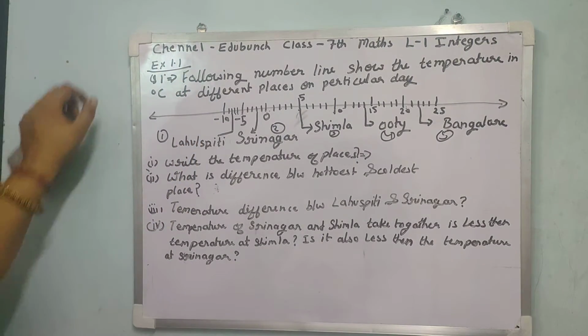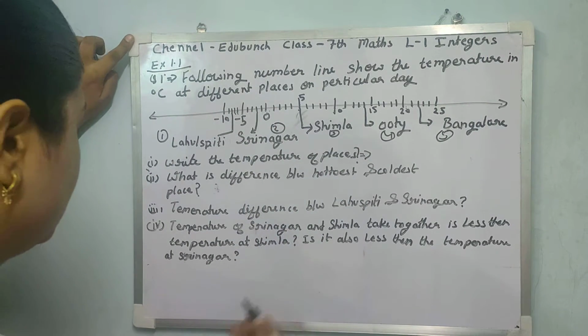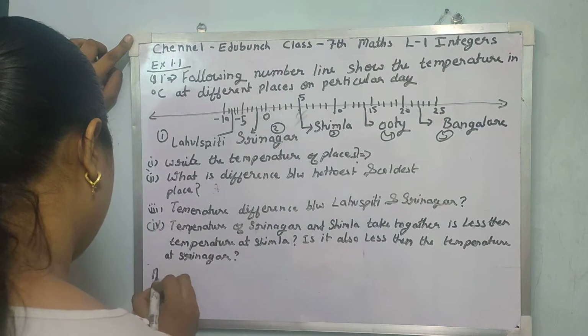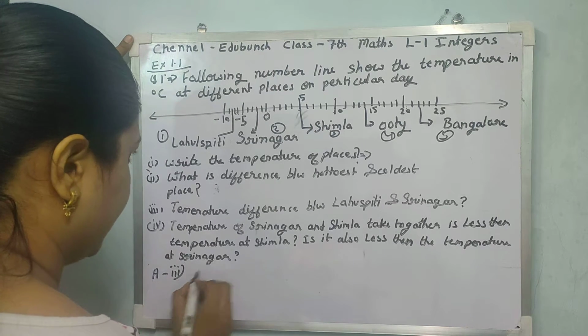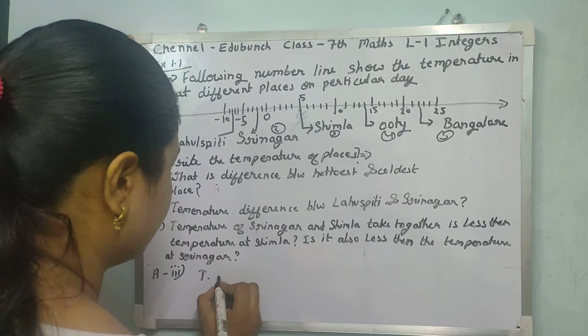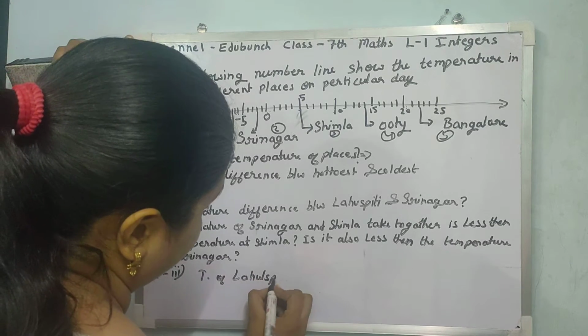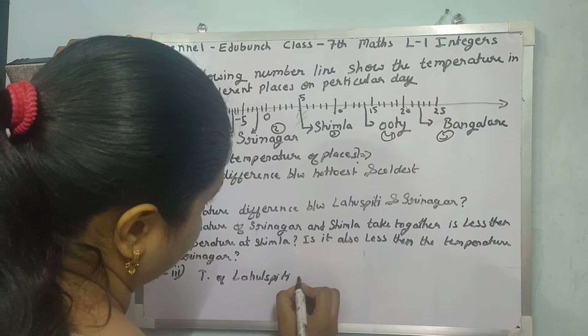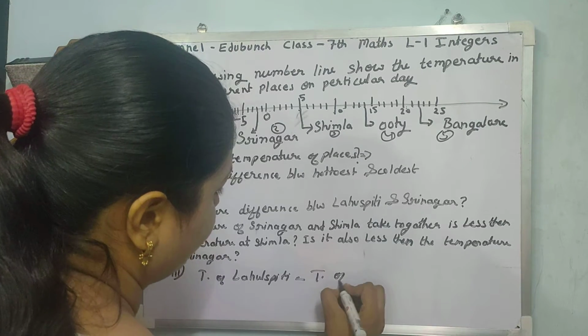Now the third part: temperature difference between Lahul Spiti and Srinagar. We write the Roman counting 3 here, then the temperature of Lahul Spiti minus the temperature of Srinagar.